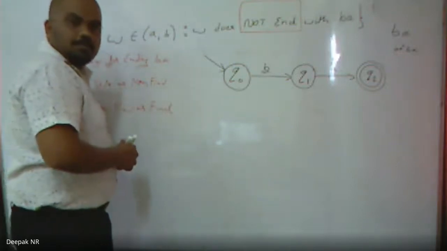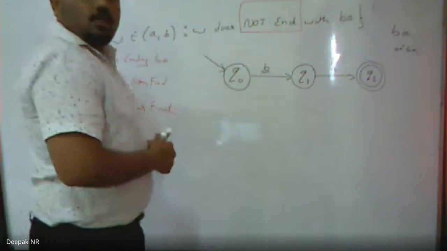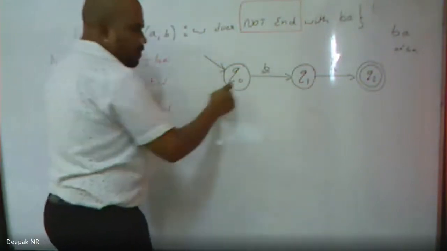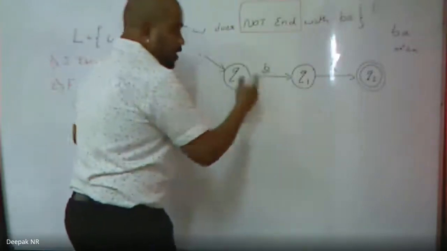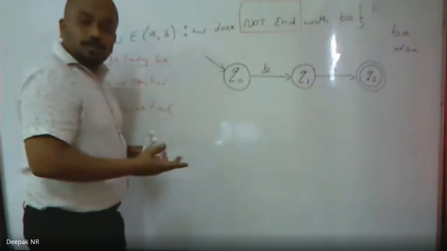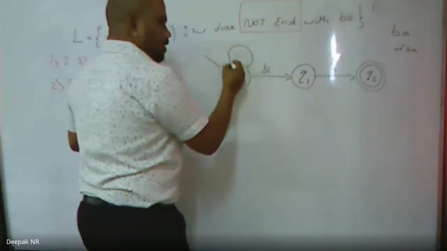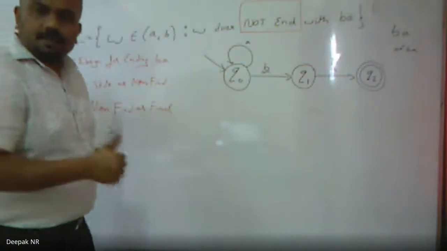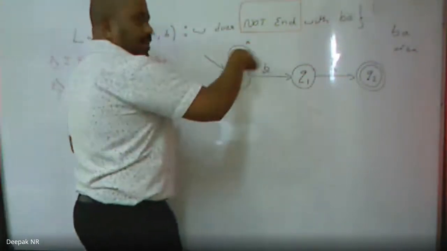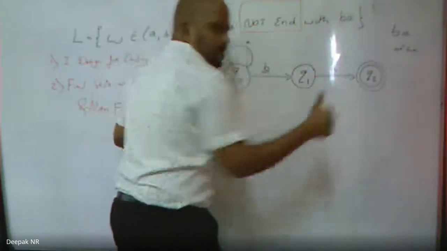I'm in a state called Q0, I've used the symbol B, but I haven't used the symbol A. What do I have to do? Can this be A? Perfect. That says n number of A's, I don't mind, n number of A's be A. I'm done with it.